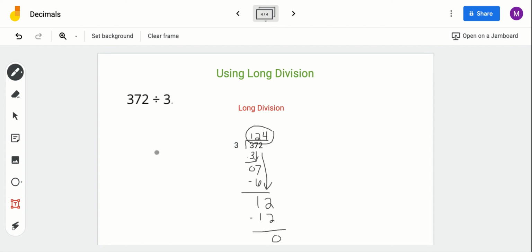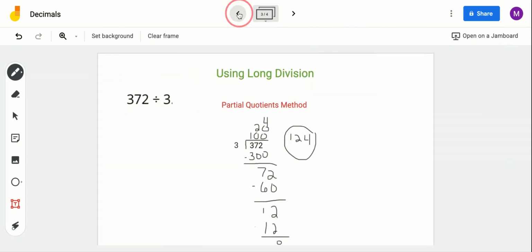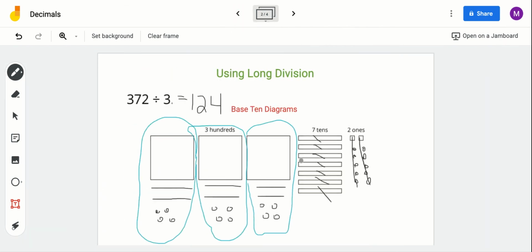So all three of these are doing the same thing. We're looking at breaking up the hundreds and the tens and the ones, breaking them up into seeing how many groups of 3 we can get out of there, or breaking it into 3 groups. It's just a matter of how much of our thinking is visible.